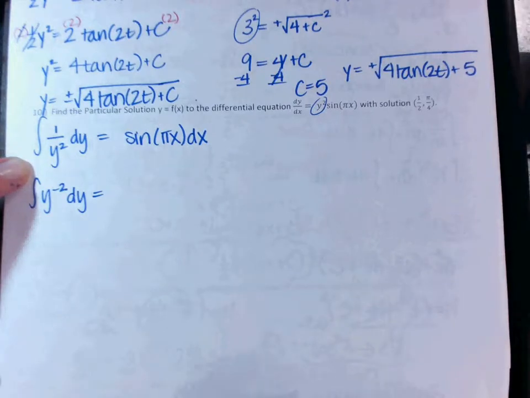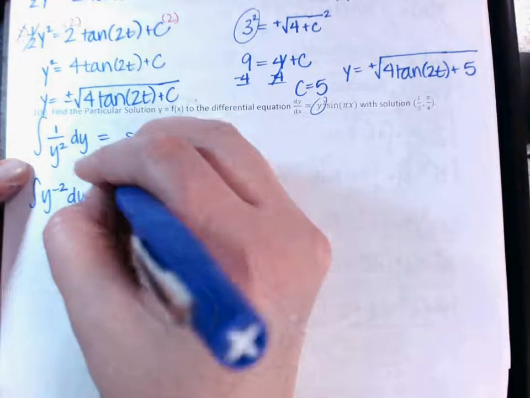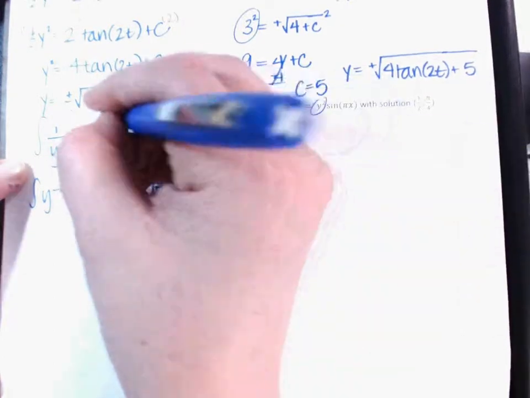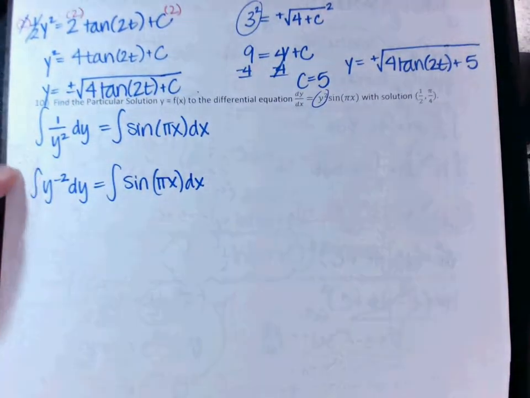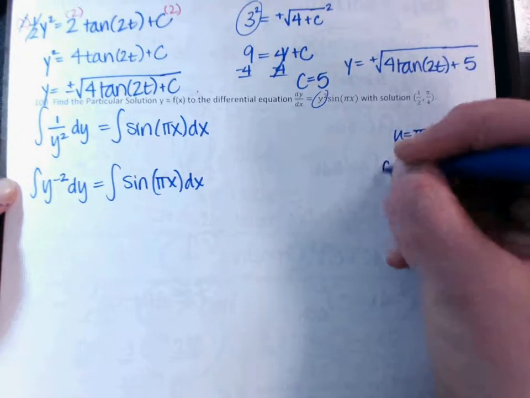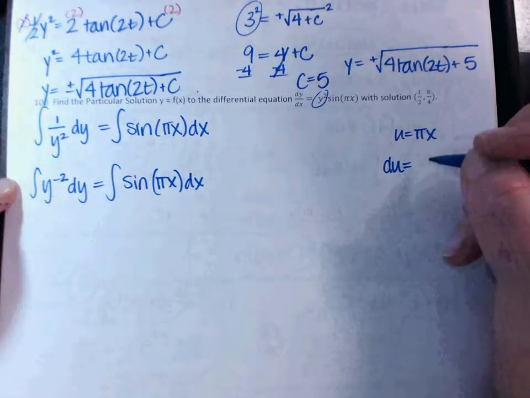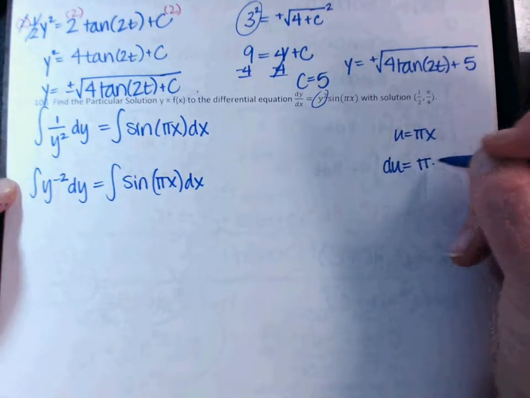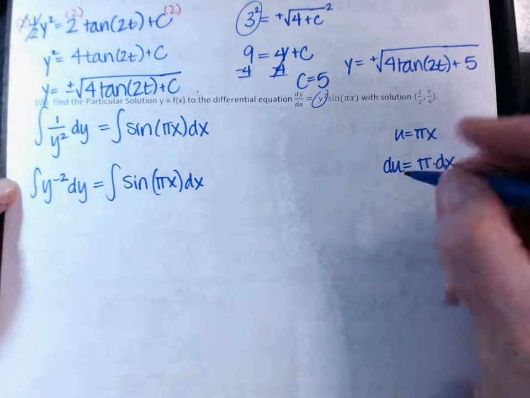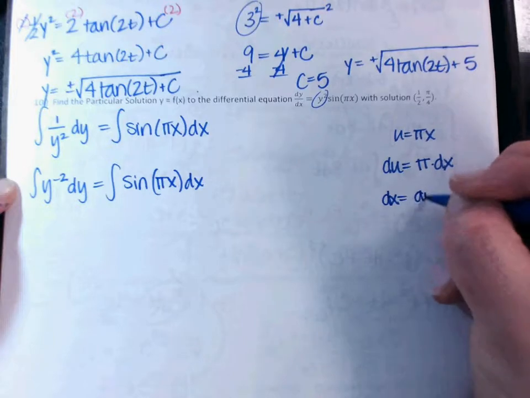Okay, so you would bring your y squared up and you would turn it into a negative. Then on the other side, I have the integral of sine pi x dx. Will that side need u sub? Yes. So your u would be pi x. That makes your du what? Pi, and then I'd move my dx up, and then my pi will move down. So it'll be dx equals du over pi.